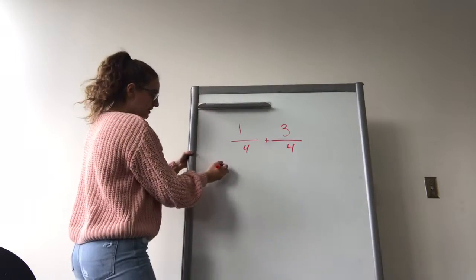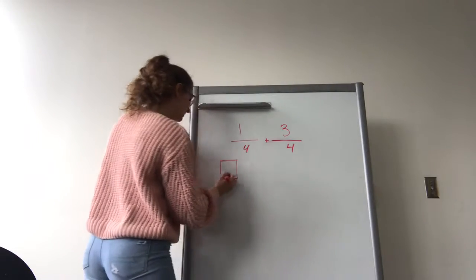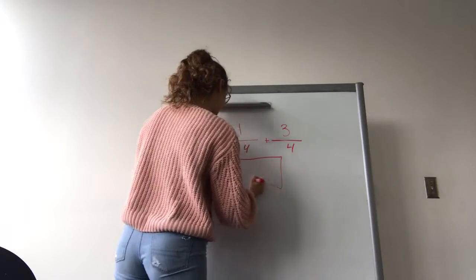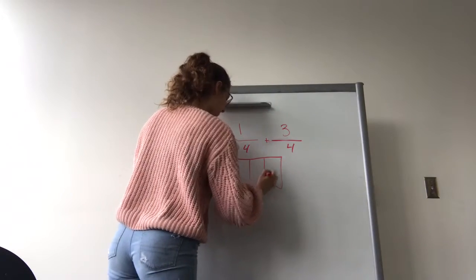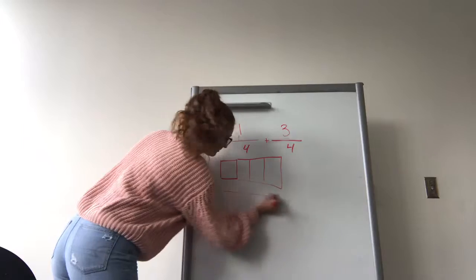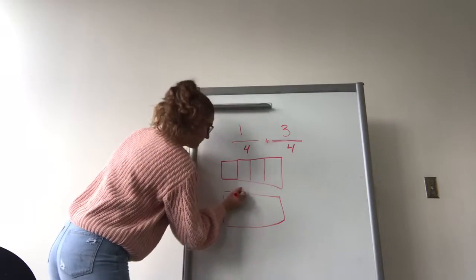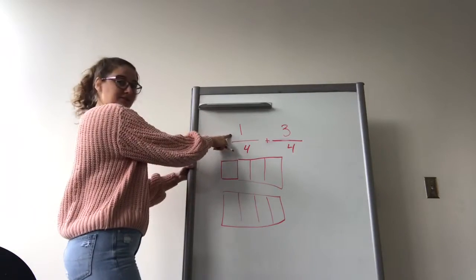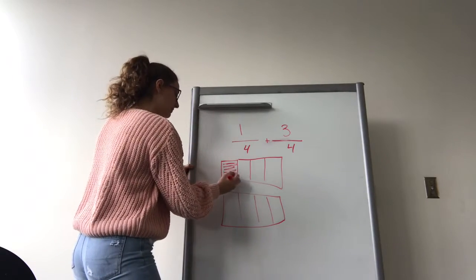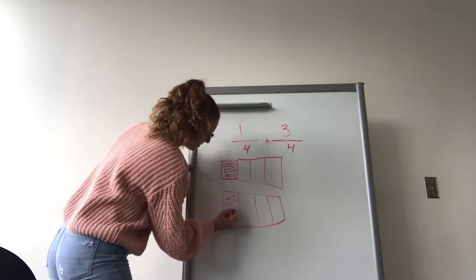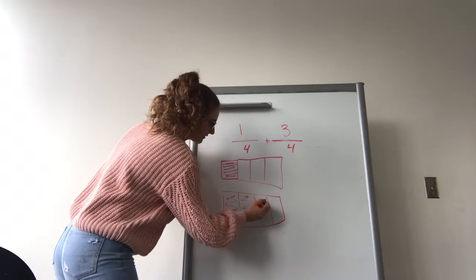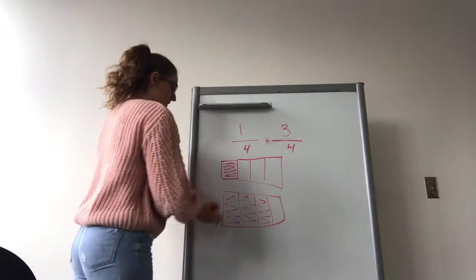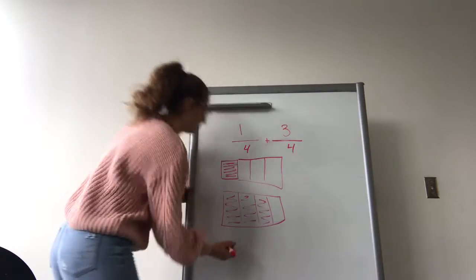Okay, so to look at this, you can start by using blocks. So you have 4 blocks here, and 4 blocks here. So you're going to shade in this one first. So you'll have 1 block filled in, and then you'll have 3 blocks filled in on the bottom one for the next fraction. So you want to make a full one down here.